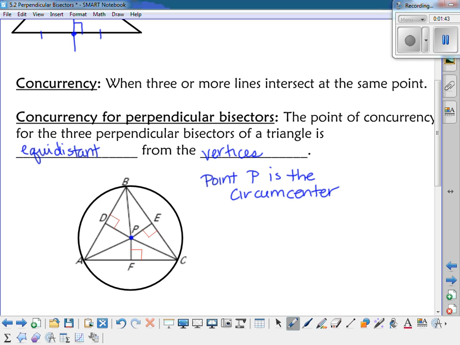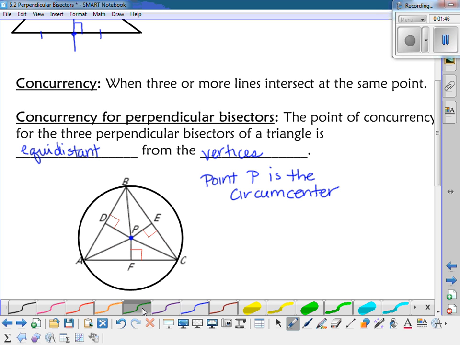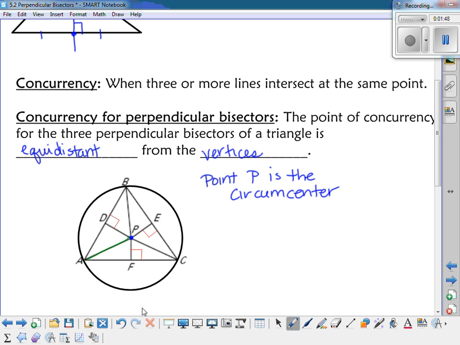And because it is the circumcenter, I know that AP, BP, and CP are all congruent to each other. So the point of concurrency is equidistant from the vertices A, B, and C.